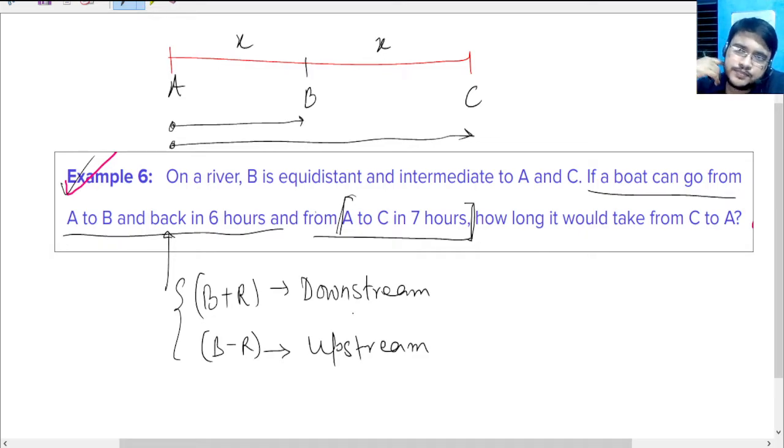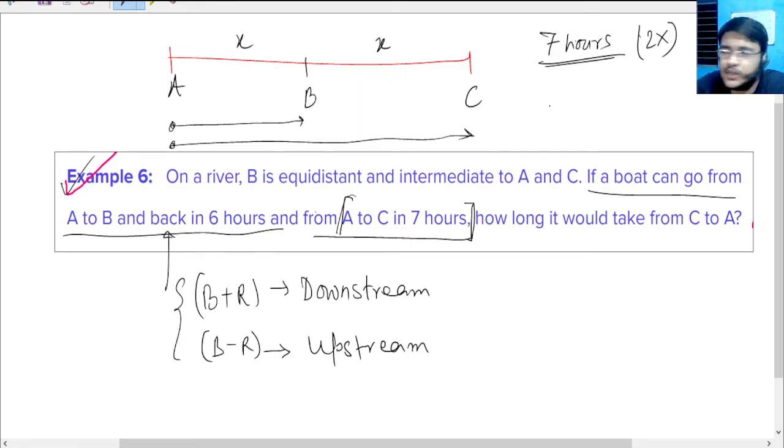Now because the boat is traveling from A to B and then going from B to C and then coming back from C to B and then B to A, I am assuming that I am taking the component of downstream. Now if it has to be the component of the downstream, what I can straight away deduce is that 7 hours it takes to go downstream from A to C, which is 2x distance.